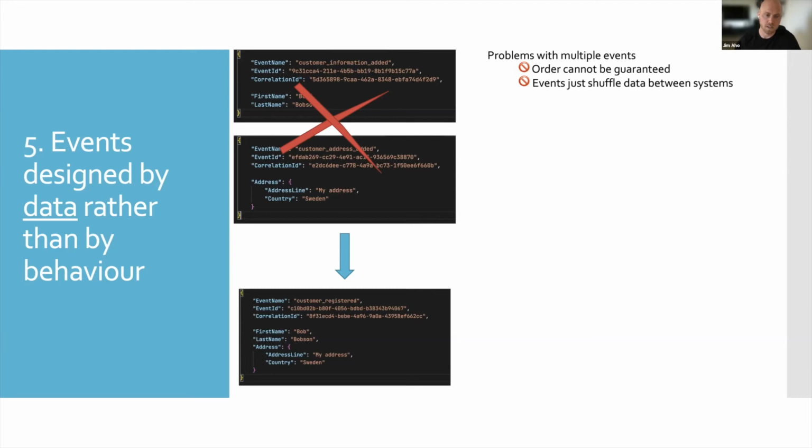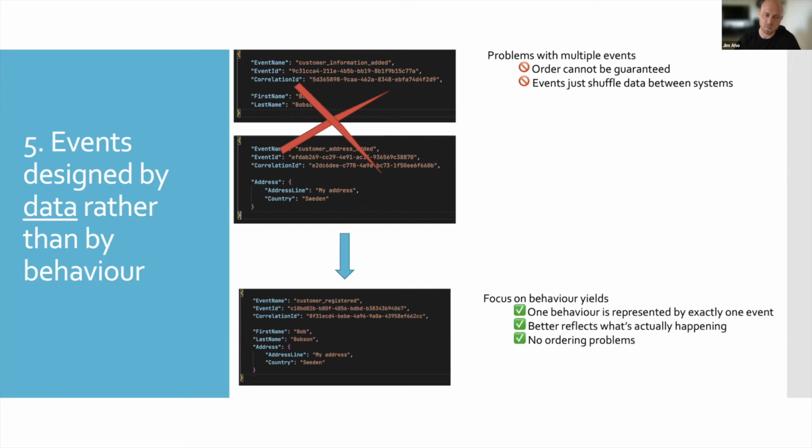Because if you do this, it's much more explicit what's happening and what we want to know about. It better reflects what's actually happening. It's easy for developers to understand what you're interested in, and automatically you don't really get ordering problems because you just have one event. So this is something you should think about: always focus on the behavior first and then think about the information.